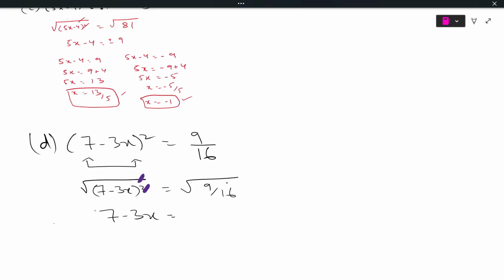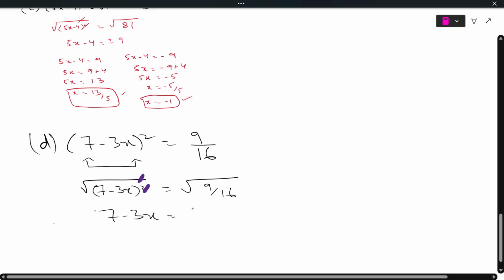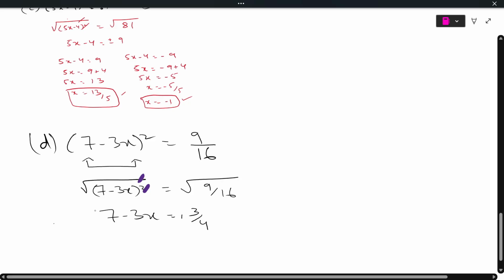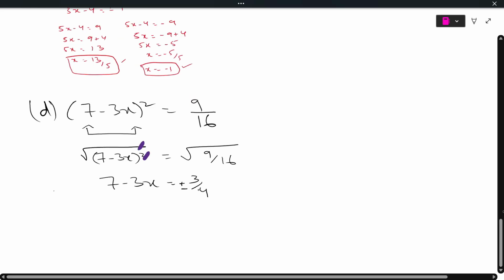So what is the square root of 9 over 16 going to be? 3 over 4, because the square root of 9 is 3 and the square root of 16 is 4. And don't forget that whenever you remove the under root, you have one value in positive and the other in negative. Remember that, so the same value is written in positive first and then in negative. Therefore, I can safely say that 7 minus 3x is equal to 3 over 4.